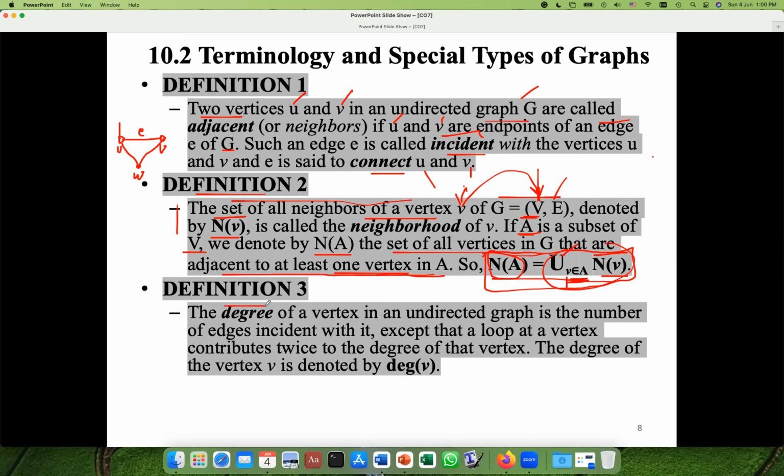Definition 3, what is degree? In a graph, for example here, by the way, there are 2 categories of degrees. One is out degree, the other is in degree.